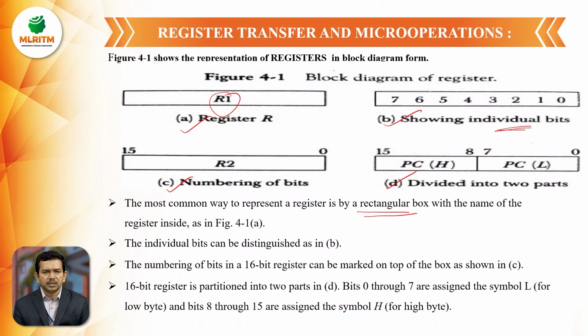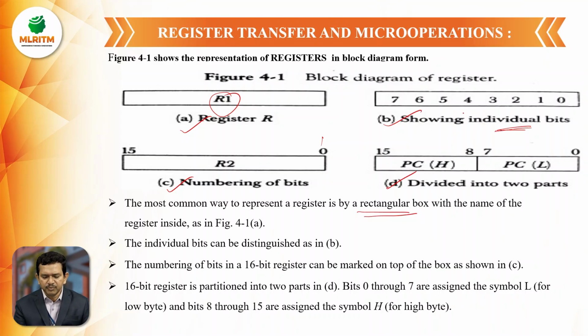Wherever you go, the register representation should be in the form of a rectangular box, with a name inside, a capital R followed by some number, digit or symbol. This 0 to 15 is a 16-bit register which I can split into two parts, R1 and R2. So numbering of bits can be 0 to 15, or I can make it 0 to 7.